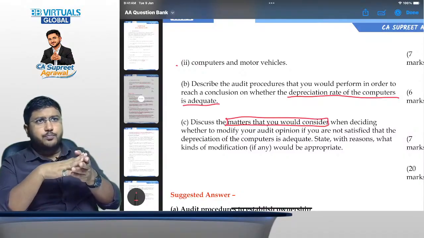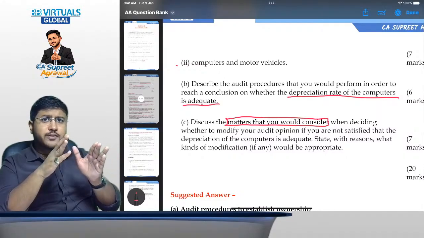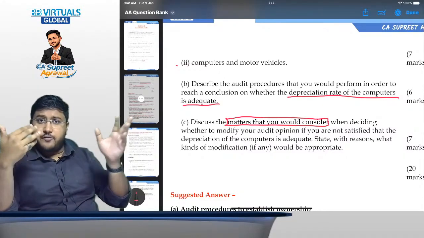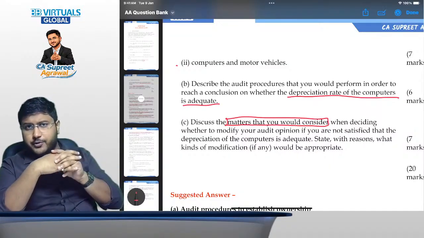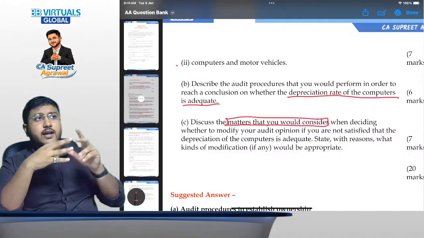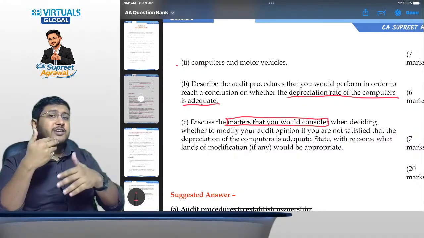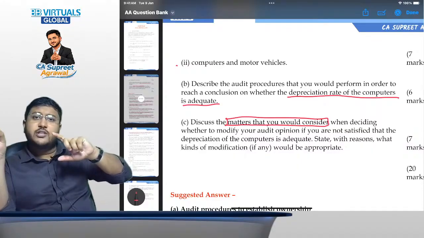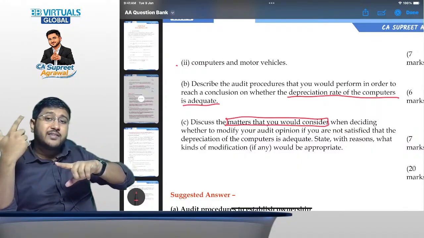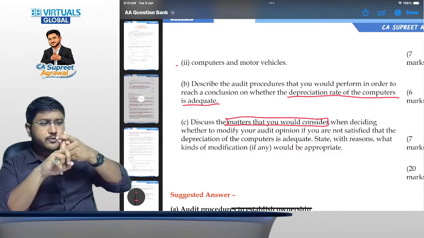If the profit or loss is substantial on every sale or resale transaction of the computers, then we can understand that the depreciation charge is not correct. Because if every time the residual value does not match the actual market value, then you are making errors in the accounting estimate. So that is the first point.